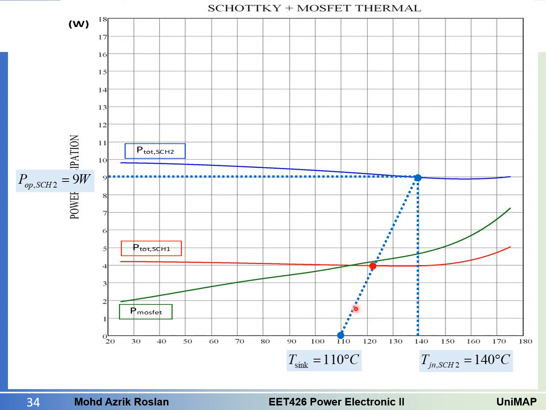We know that the thermal resistance for Schottky 1 and Schottky 2 is the same, so you can share this same thermal resistance slope, and the one that crosses the Schottky 1 slope here will be the operating junction temperature for the Schottky 1, which is 122 degrees C. Then you can already determine the operating dissipated power, and from here you see the value is 4 watt.